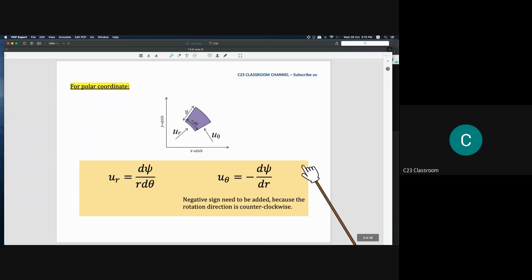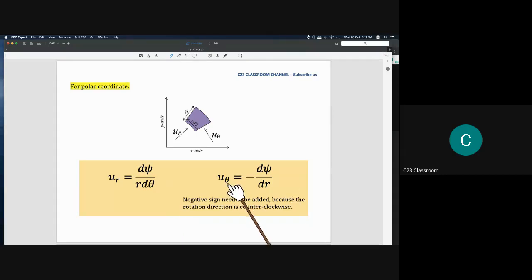So again, for the polar coordinate, we are using the same ideas. So u r here is the velocity on the r-axis, and we could say that u r is equal to d psi over r d theta. It will become this because r d theta is the length of this one, and the width is equal to 1 unit, so it remains as r d theta.